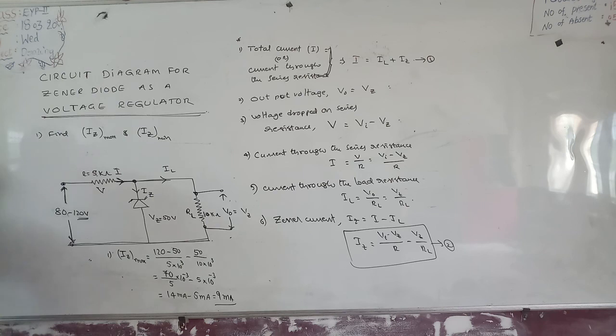Now, to find the minimum Zener current, take the input 80.